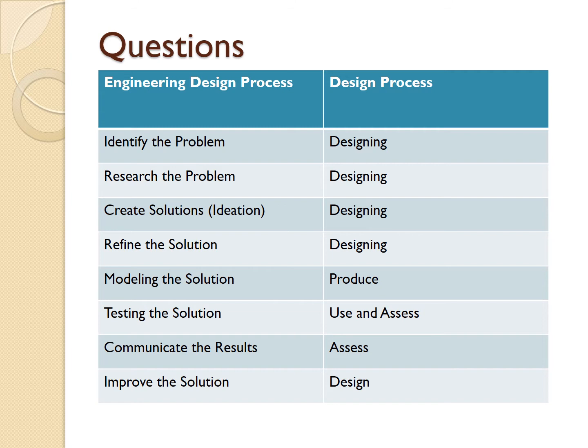So in the design process, that's part of the use, and communicating the results is also part of the assess. Now, step number 8. If you notice, that is back in the design stage. That goes back to the first, because remember, just like the design process is a cycle, the engineering design process is meant to be a cycle.